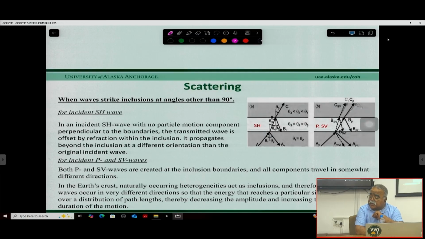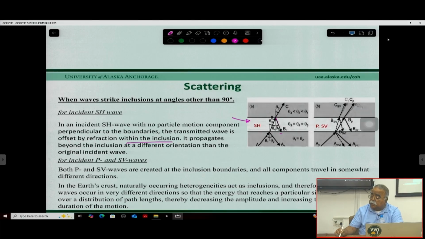So incident SH wave with no particle motion component perpendicular to the boundaries. The transmitted wave is actually, there is a refraction that took place, right? So that refraction in this inclusion layer, that means it is medium 2, and it propagates beyond this inclusion at a different orientation, and then comes back to the material again, and then reflects back, right?